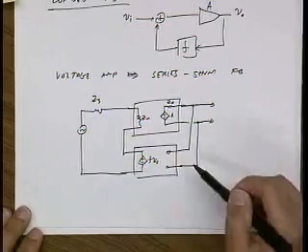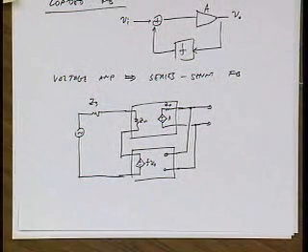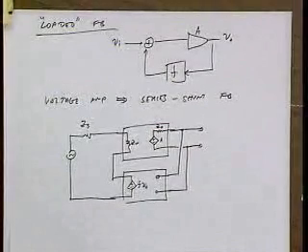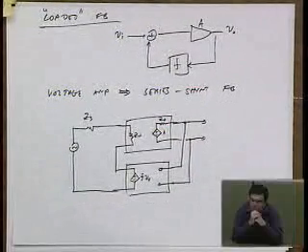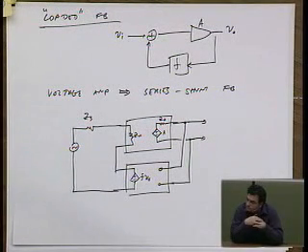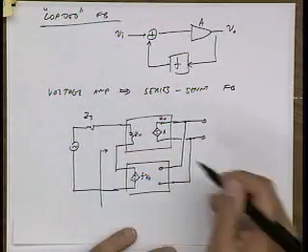What's in here that's not in here, in other words, a benefit of feedback? High input impedance and a low output impedance. That's right. I forgot to mention this to you guys, but we'll look at it.